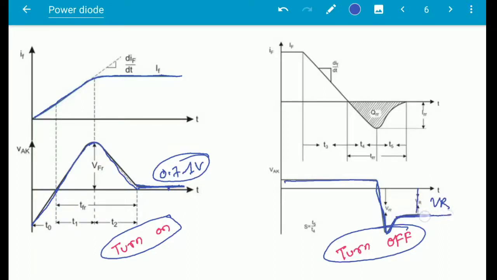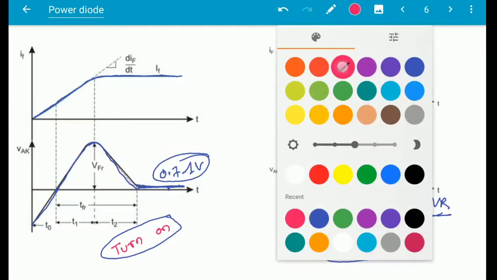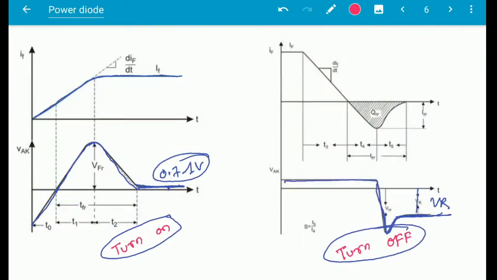Here the current will be like this. Current will go down to 0, and then some reverse current will flow due to the charge stored in the drift region. As this acts as a capacitor, some charge will be stored and this will be recovered.